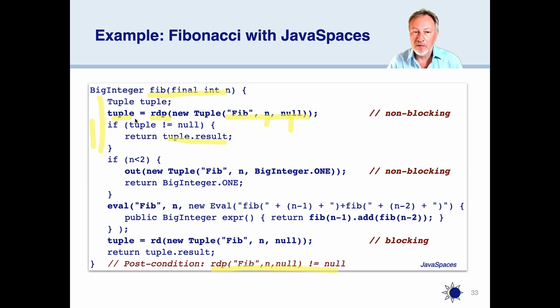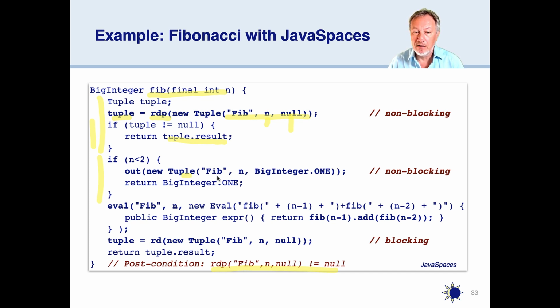If, on the other hand, tuple returns null, that means there is no such tuple yet, well, then we have to do some work. First, this is going to be a recursive algorithm, so let's look at our base case. If n is less than 2, well, then we know what we have to do.